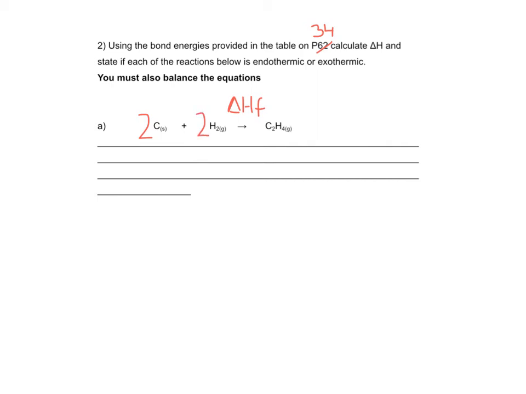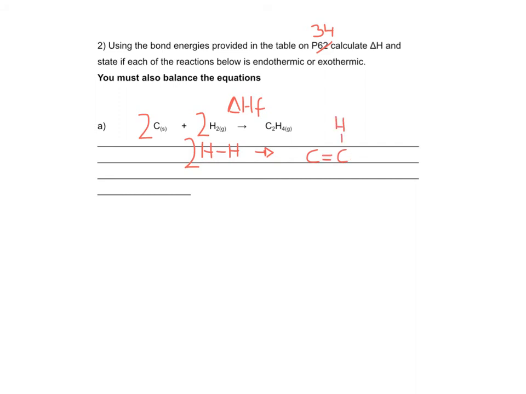Now, carbon is just an element. It's not joined to anything else, so I don't need to have any bond enthalpies there. But in hydrogen, I will have a hydrogen-hydrogen covalent bond, and we will have 2 of them, going on to form then this molecule of ethene.